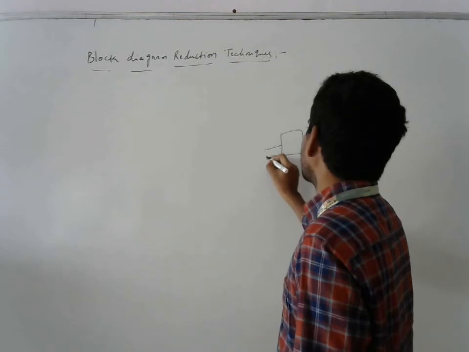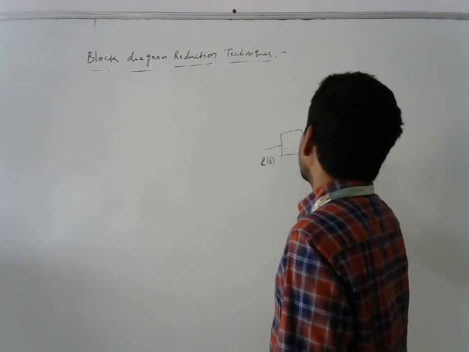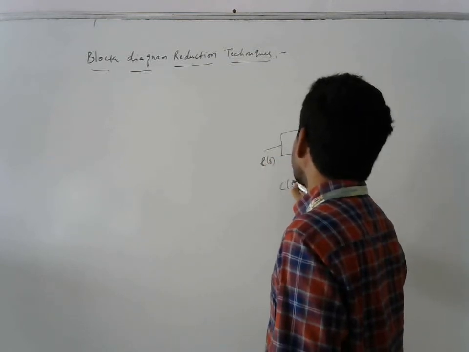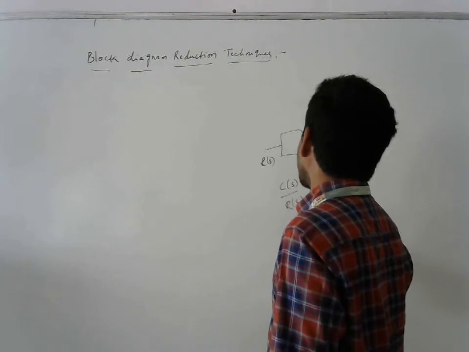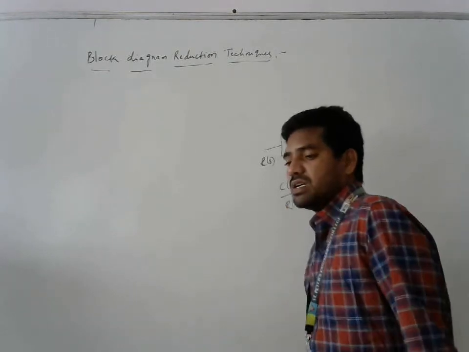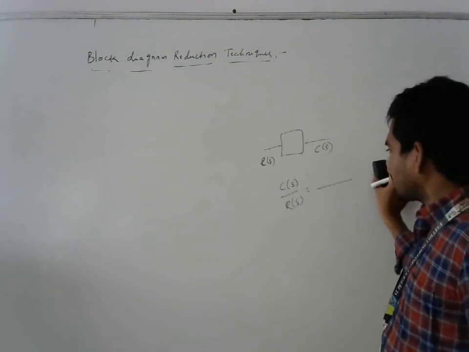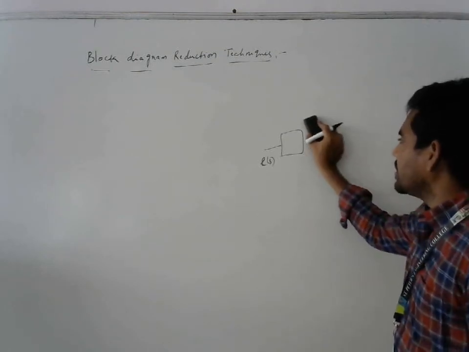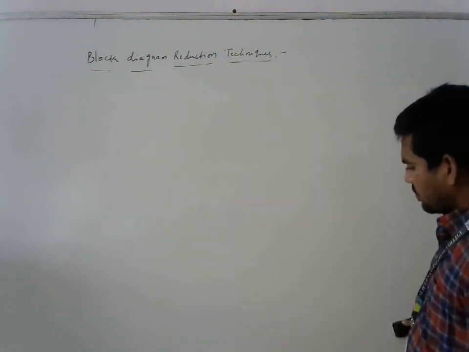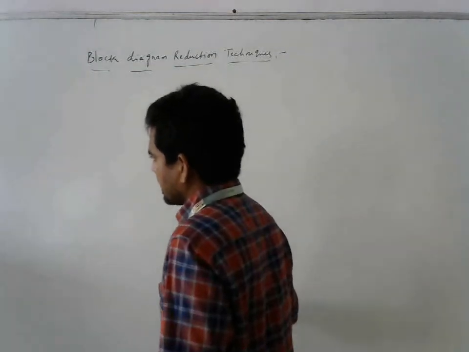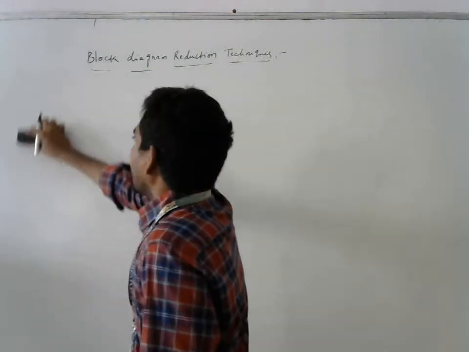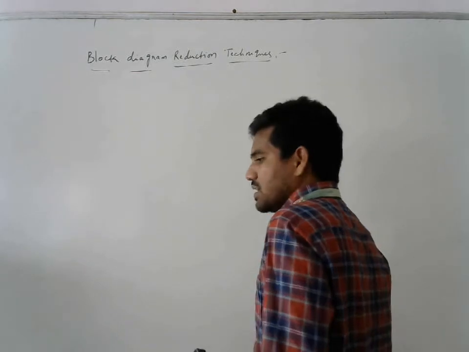From that we get the direct transfer function C(s)/R(s). To find that transfer function, we use some rules to get the simplified block diagram, that is, a single block.